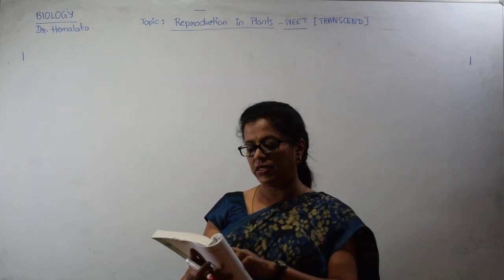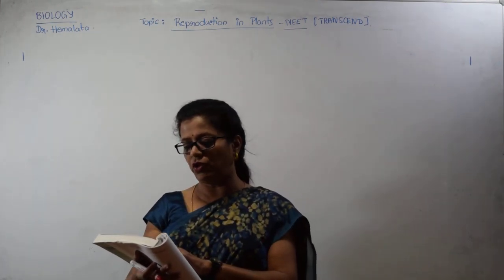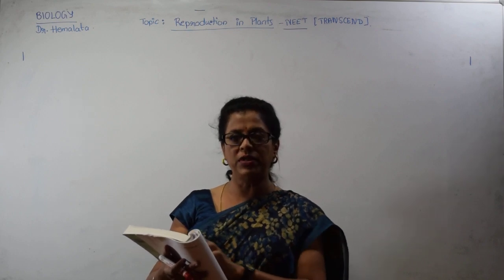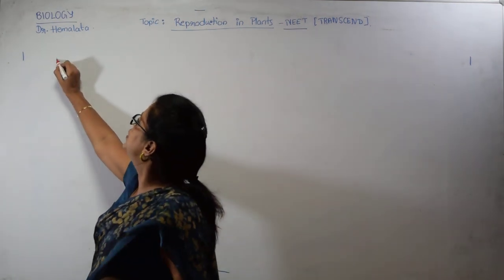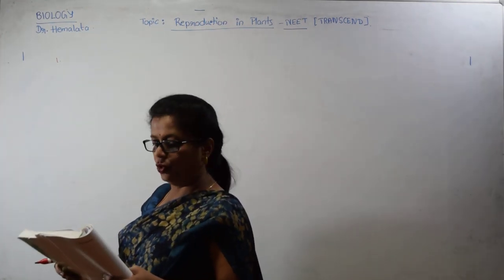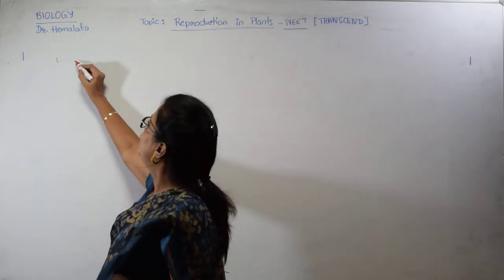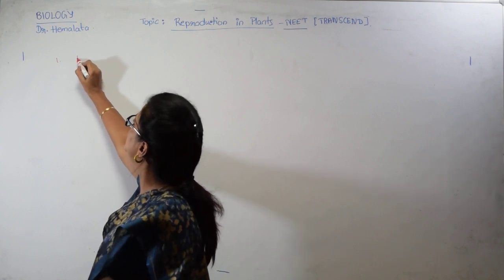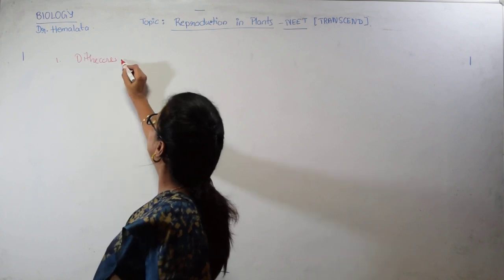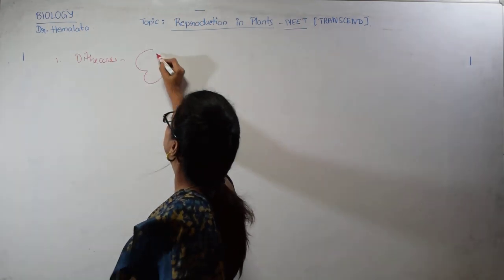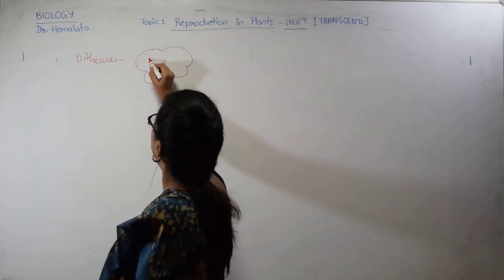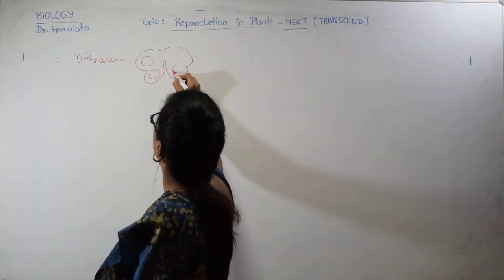The first question is, a dithecous anther consists of how many microsporangia in each lobe? So as you know, a dithecous anther will have a structure like this. Here is one anther lobe, here is another anther lobe.